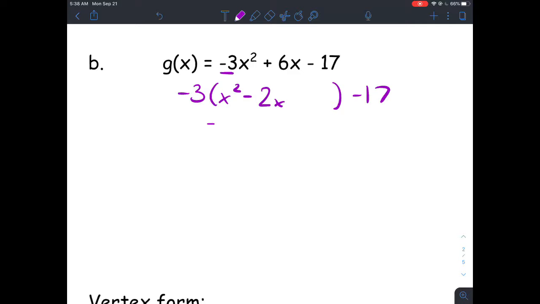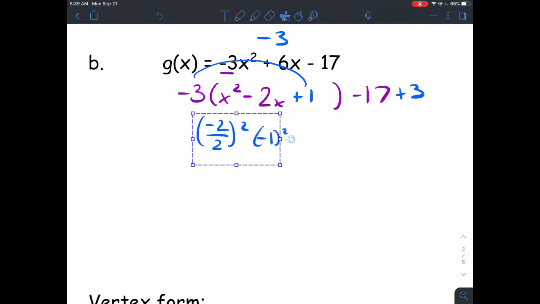So then we're going to go ahead, negative 2 divided by 2 squared, we get a plus 1. So again, we didn't just add a plus 1, we added in a negative 3. So to counteract that, we're going to have to add 3 on the outside.